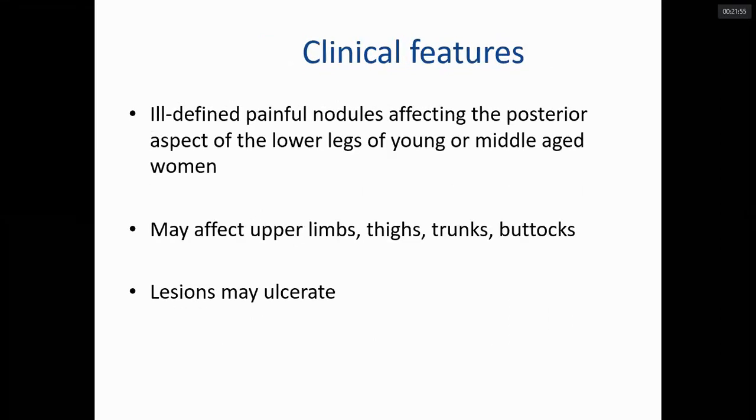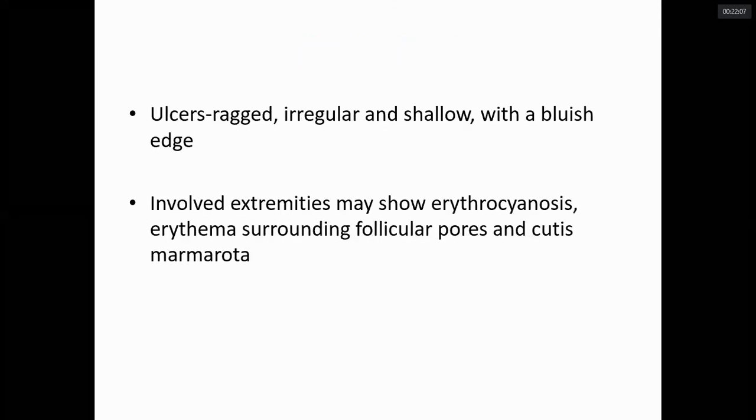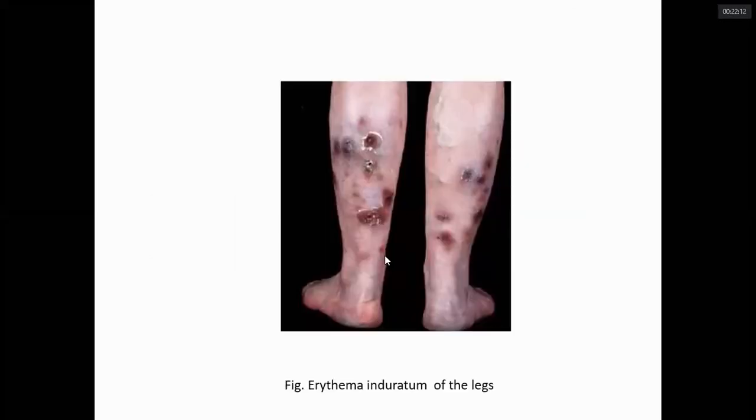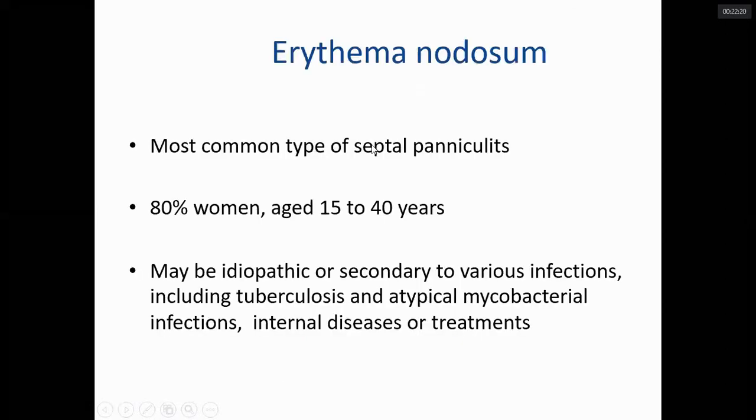In the clinical features, there are ill-defined painful nodules affecting the posterior aspect of the lower legs of young or middle-aged women. It may affect upper limbs, thighs, trunk, and buttocks. Lesions may also ulcerate. These are the pictures of erythema induratum of the legs. There are ulcerated lesions also. These are the nodular lesions.